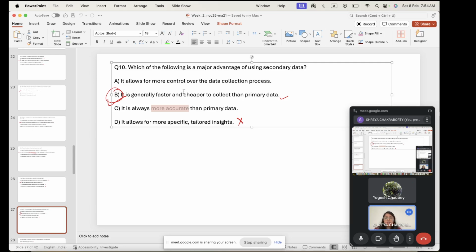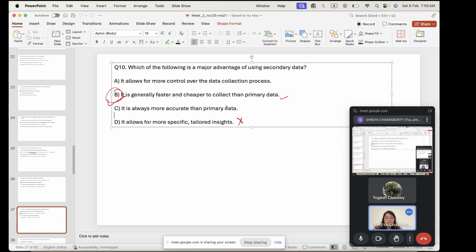We don't know. So we can't say that it's more accurate than primary data. Yes, primary data will have some issues, but those can be fixed to a certain extent. So you can tailor primary data more to your convenience and need, but it's definitely not correct to say that secondary data is always more accurate than primary data.